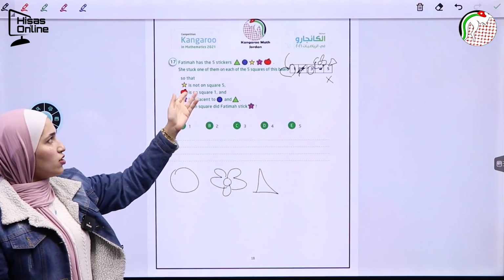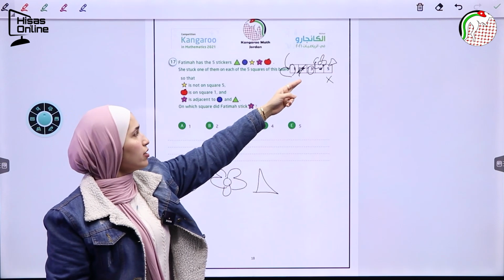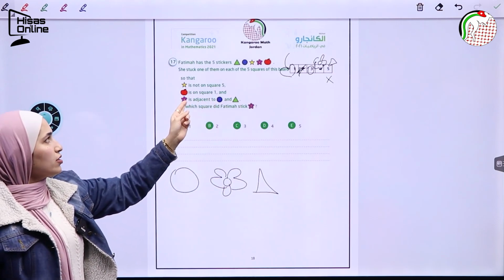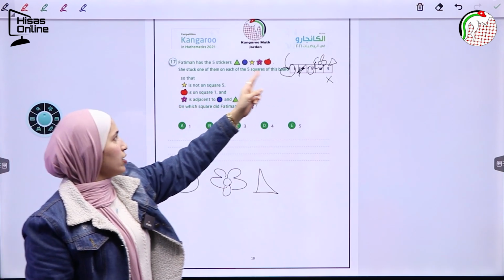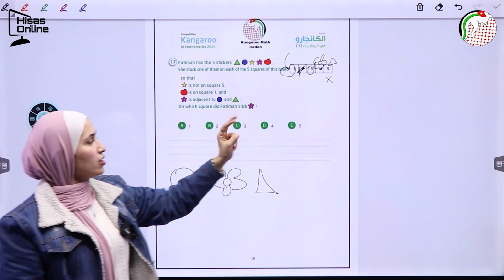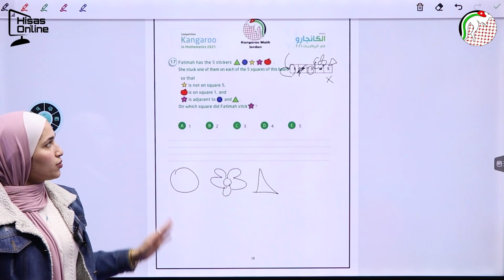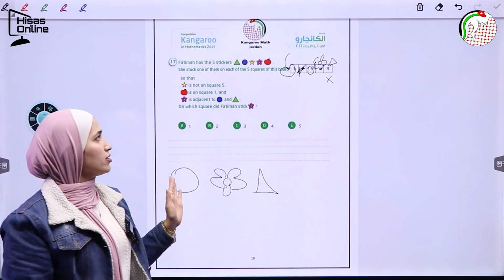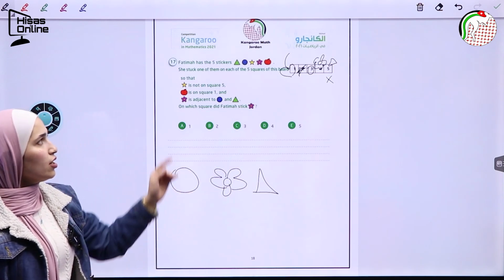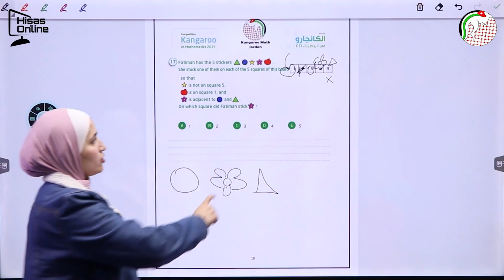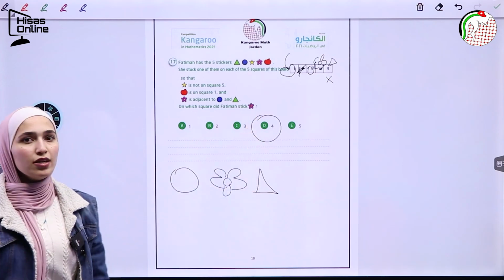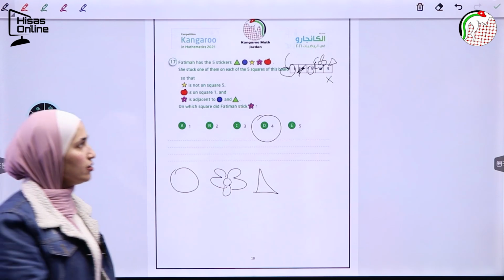So the star is not on square 5. Yeah, it's on 2. Apple is on square number 1. Yes. The flower is between the circle and the triangle. Yes. So the answer, on which square did Fatima stick the flower? On 4. So the answer is D. Now with question number 18.